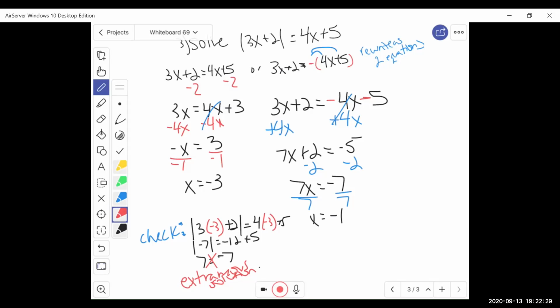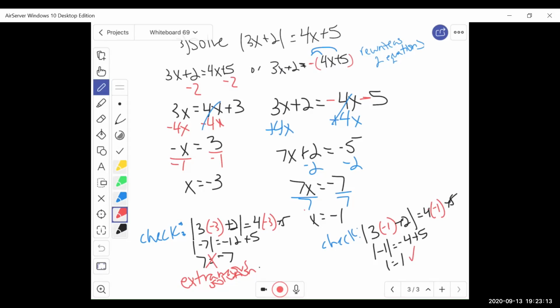Now let's double check negative 1 to be sure. If we check negative 1, we get absolute value of 3 times negative 1 plus 2 equals 4 times negative 1 plus 5. 3 times negative 1 is negative 3, plus 2 is negative 1. 4 times negative 1 is negative 4, plus 5 is positive 1. The absolute value of negative 1 is positive 1.